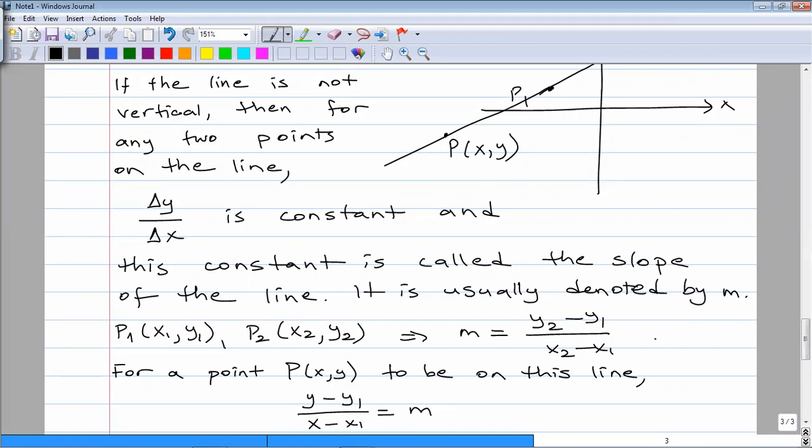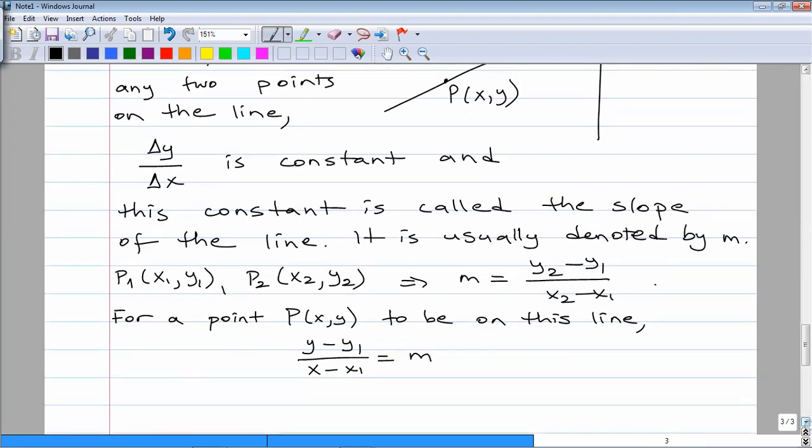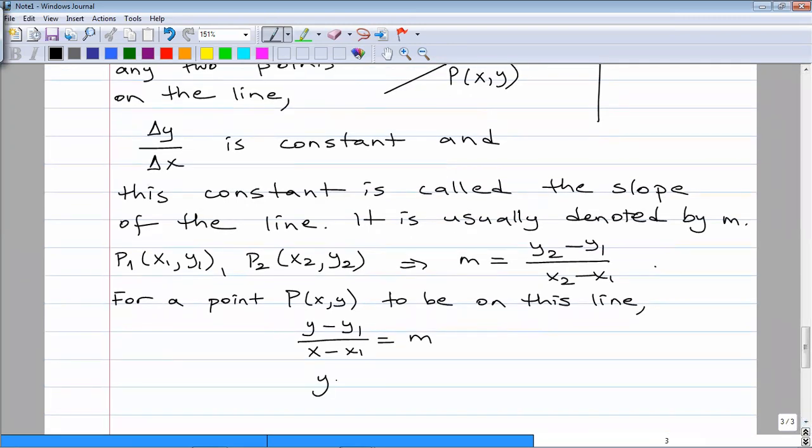It must be the same slope. From here, we can write the equation as y equals m times (x minus x1) plus y1. This is called the point slope form.